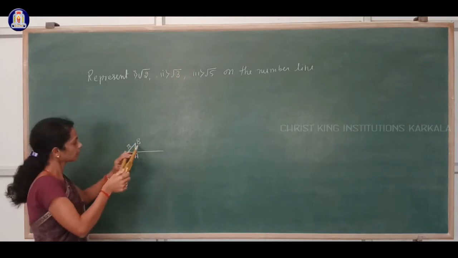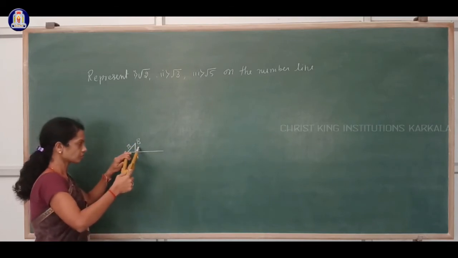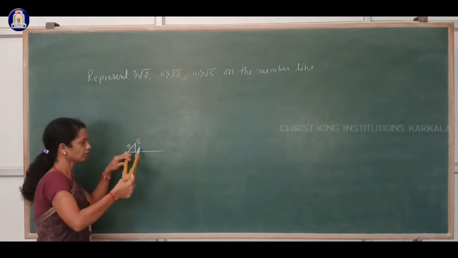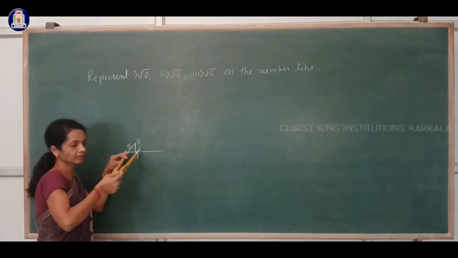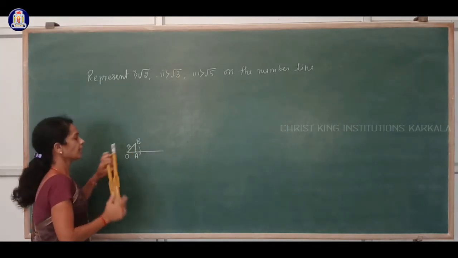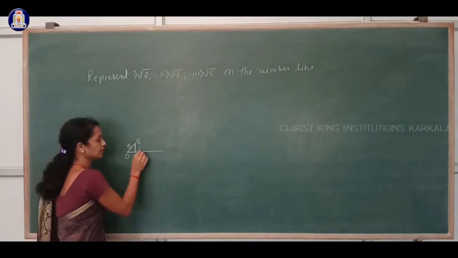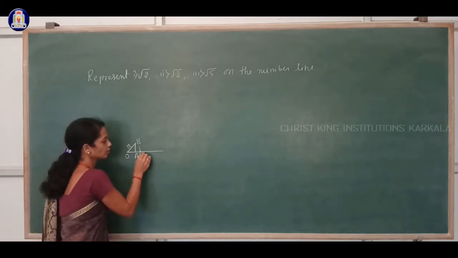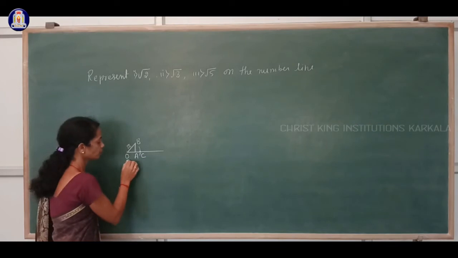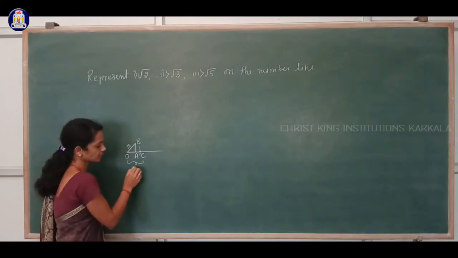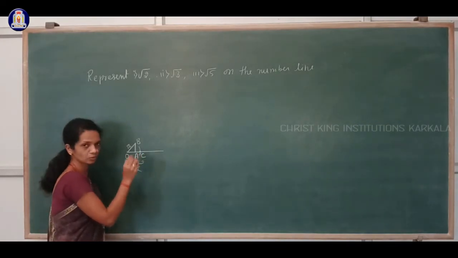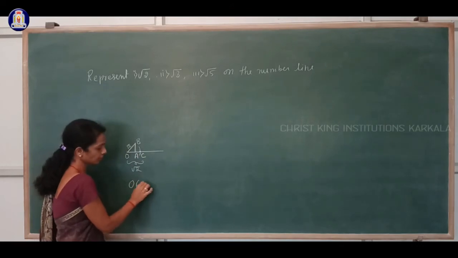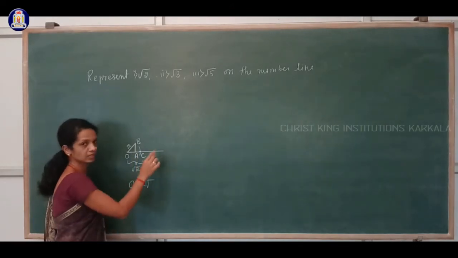And you have to cut this horizontal line by one arc. That arc and that horizontal line meet at a point, which you mark as C. Now this OC length is root 2. So below this you have to write root 2 on this number line.